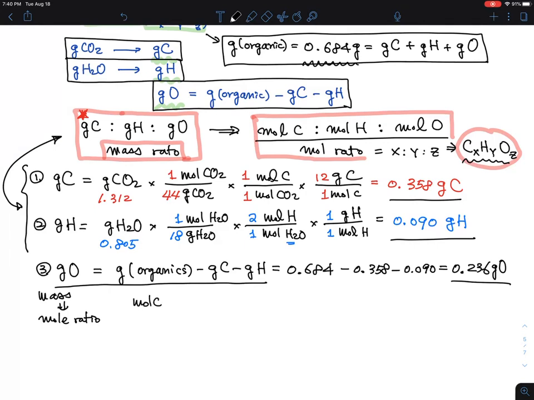Moles of carbon is grams of carbon multiplied by the moles of carbon per gram of carbon.